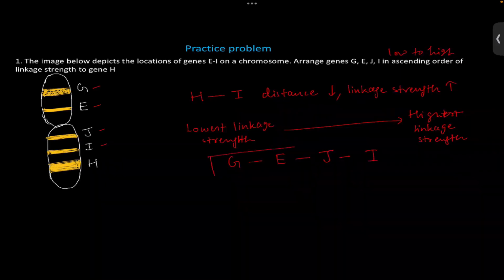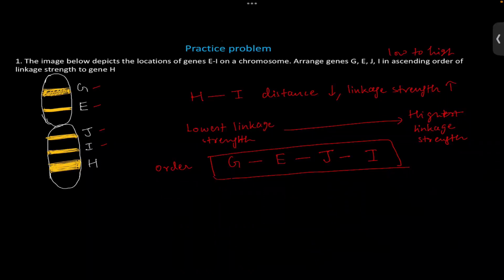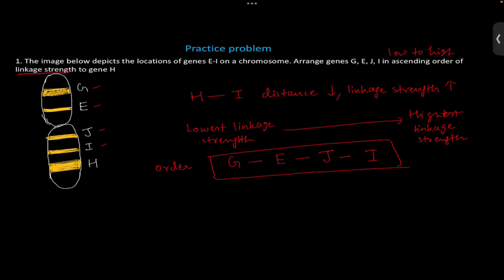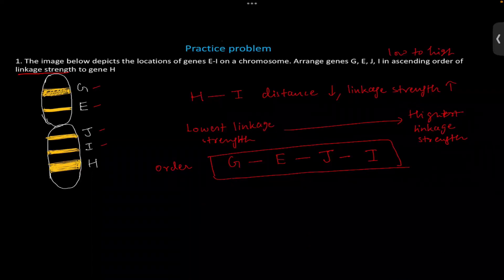So this is the order which is being asked, the arrangement of the genes G, E, J, I with respect to the linkage strength. This problem was quite easy, right? It is based on the linkage between two genes, or how probable it is that these two genes will be inherited together, or will get separated by recombination.